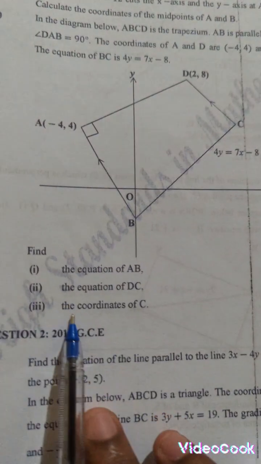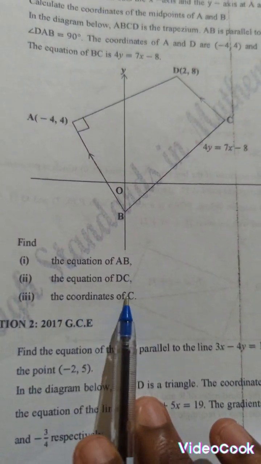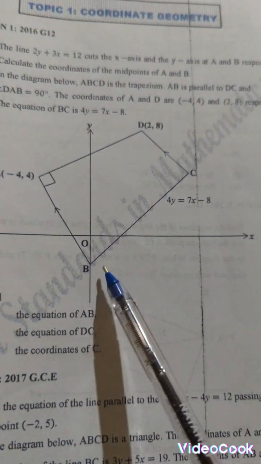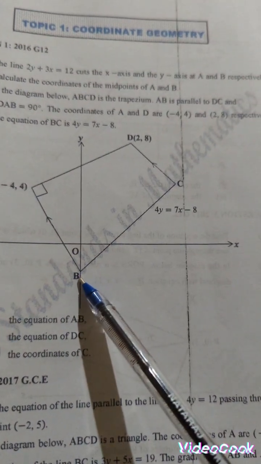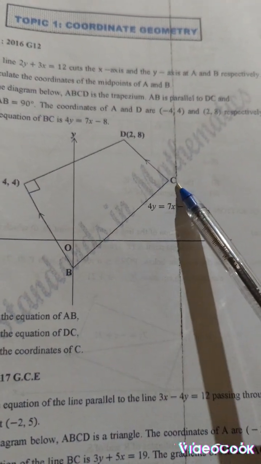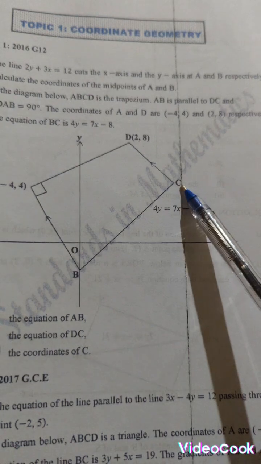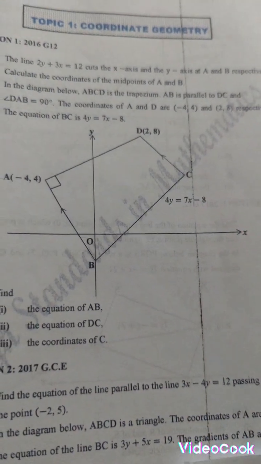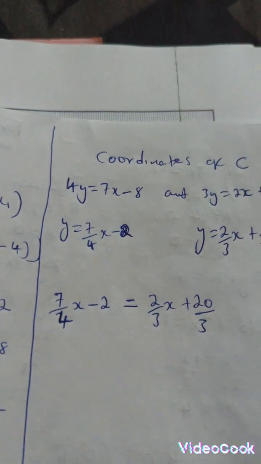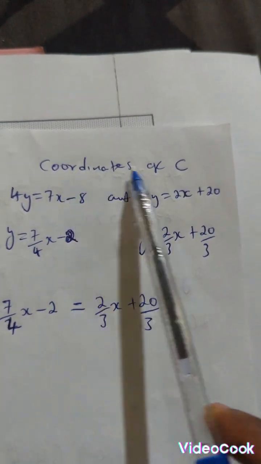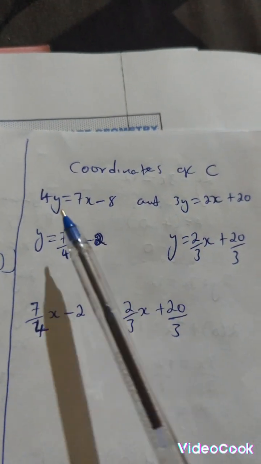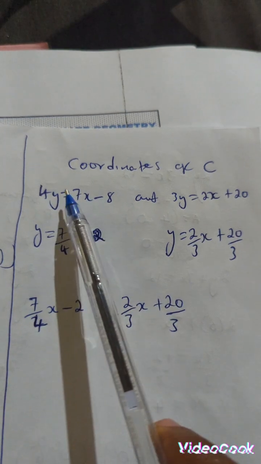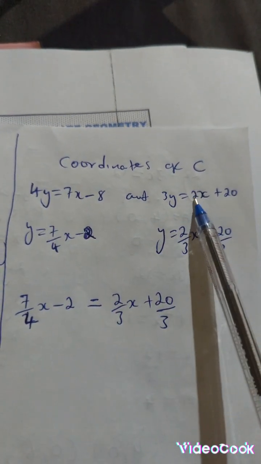Come to the last one. We're finding the coordinates of C. So for us to find the coordinates of C, we're going to connect the equation for BC and DC. So this is how it will look when we connect the equations.